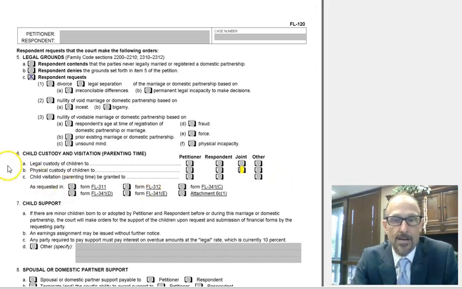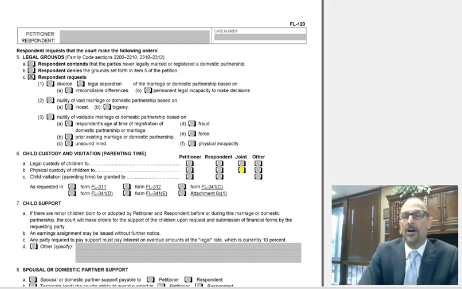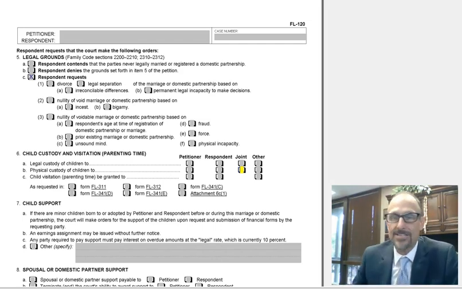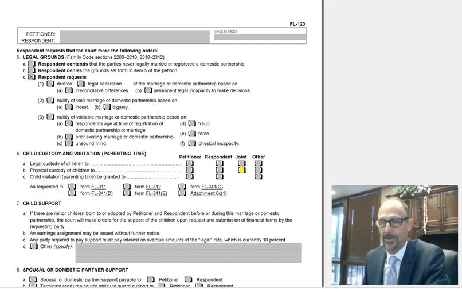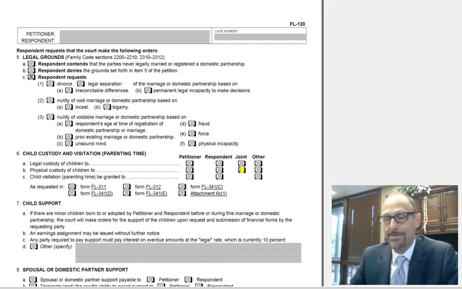All right, if you want to include an FL-311, 312, 341(C), 341(D), 341(E), or put some kind of a custody and visitation schedule on just a handwritten or typed out attachment, you can attach that as 6c(1).